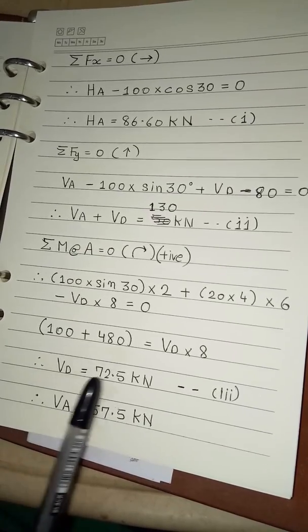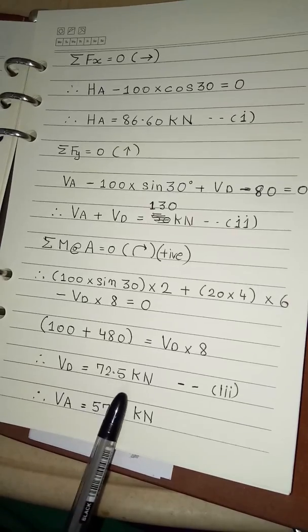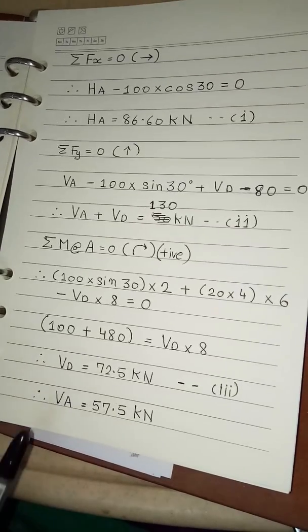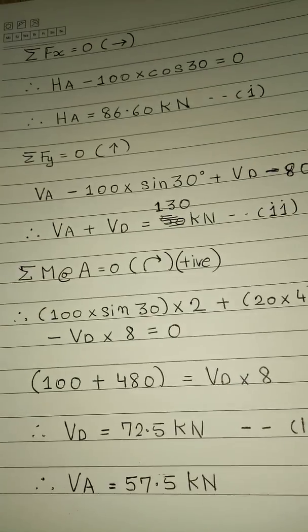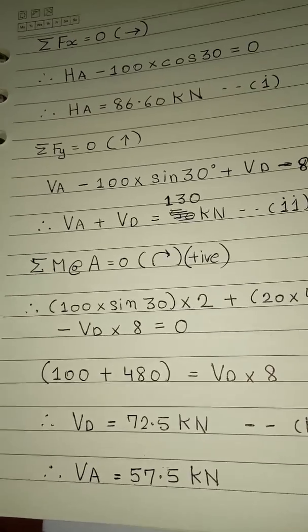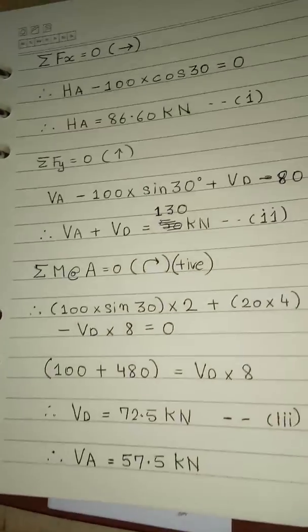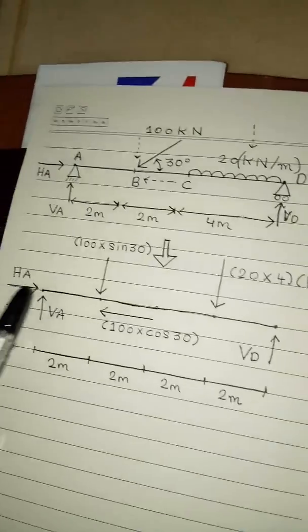Therefore, solving this equation, I get VD equal to 72.5 kilonewton, and the value of VA comes to be 57.5 kilonewton.